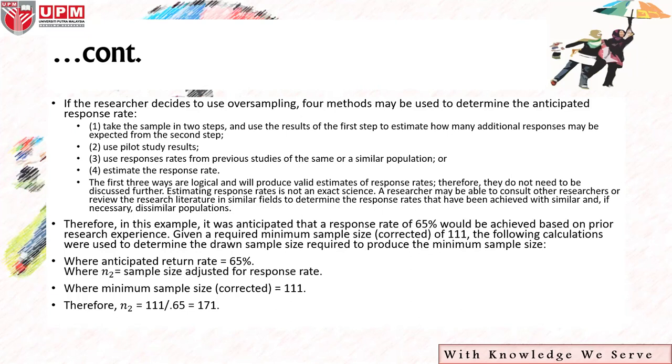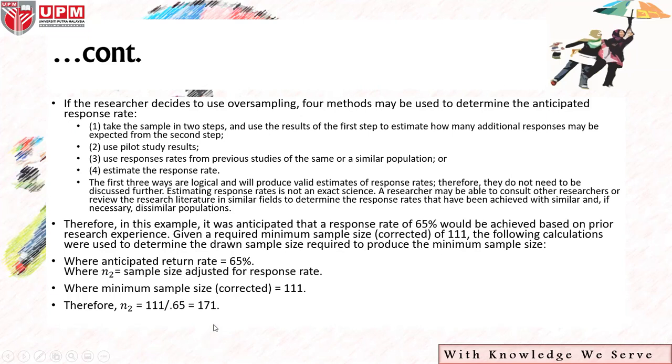Okay. So given a required minimum sample size earlier which is 111, we apply the following calculation. The anticipated response rate is 65%, where N2 equals the sample size adjusted for response rate. The minimum sample size, the corrected one, is 111. So we just plug into the equation the corrected sample size divided by the anticipated response rate. 111 divided by 0.65.